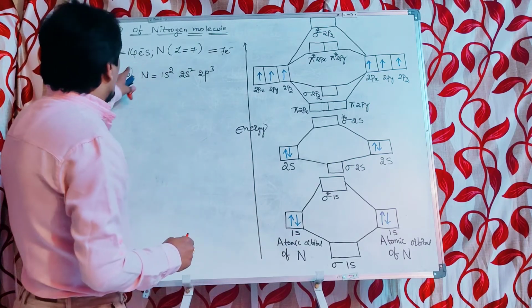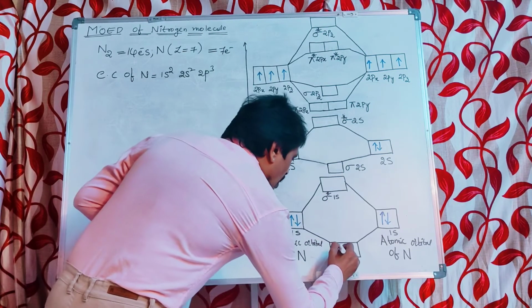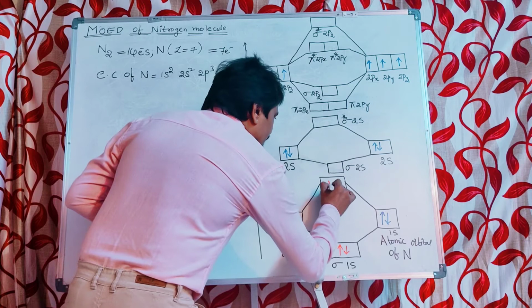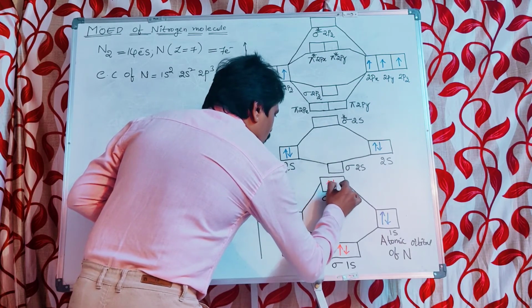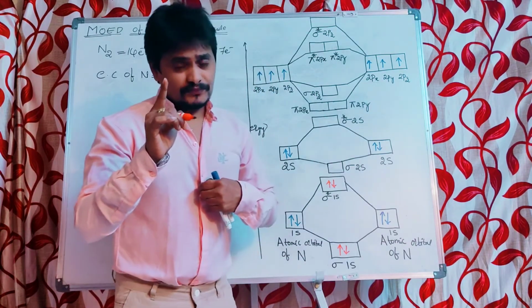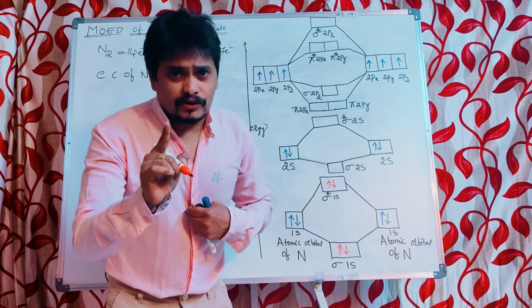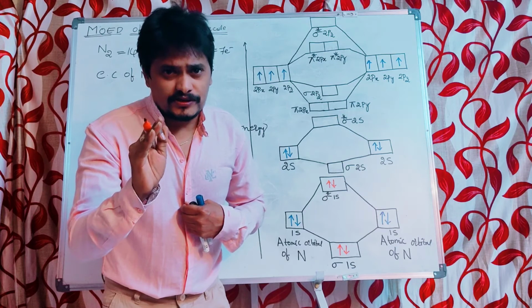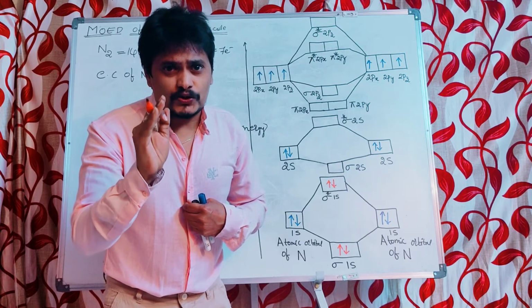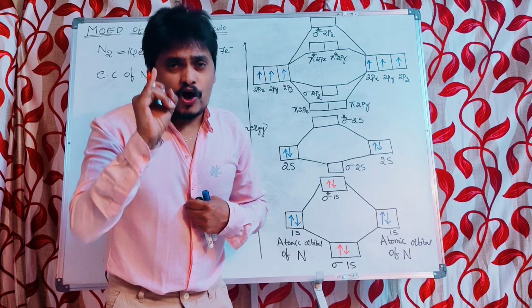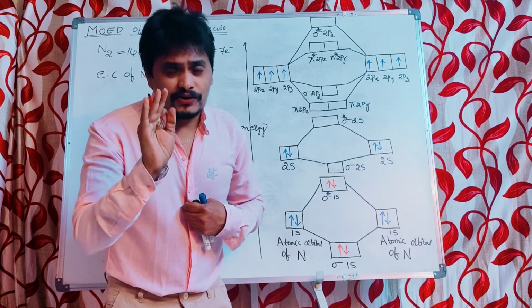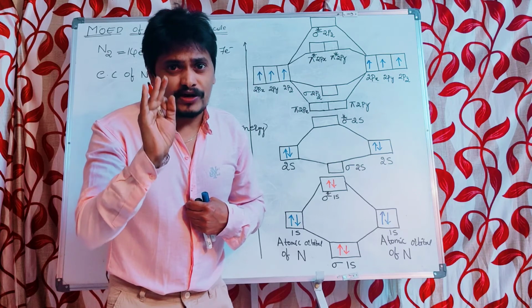So totally 14 electrons are there, students. 1, 2, 3, 4. Do remember, filling of electrons always follows three rules, just like filling of electrons in atomic orbitals: the Aufbau principle, Pauli's exclusion principle, and Hund's rule. What is Hund's rule?